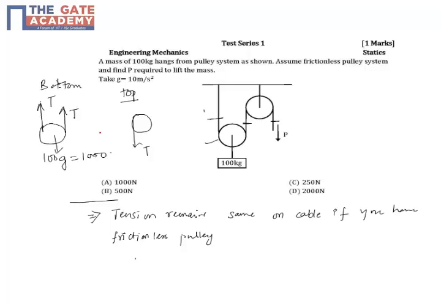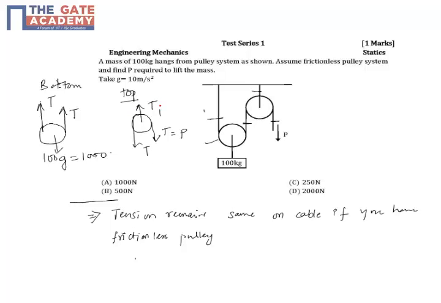For any pulley, the tension in the rope is always away from the body, as it is a pulling force, not a pushing force. And this is also T, and you need to apply the same P.